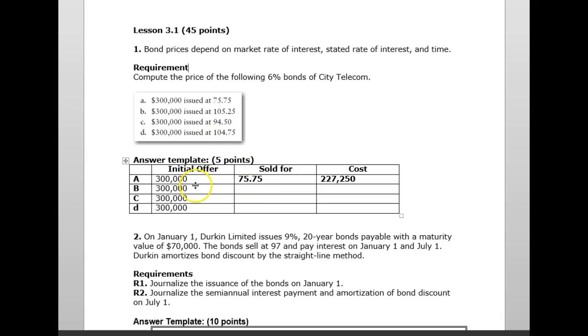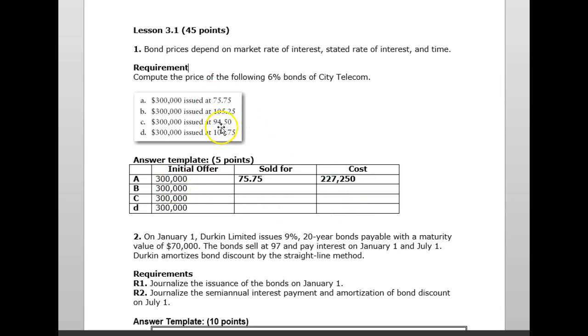So instead of selling it for $300,000 and receiving $300,000, we sell it for 75.75% of that, or $227,250. That becomes the cost of the bond, or, in theory, the carrying value. But we have to record that as $300,000.